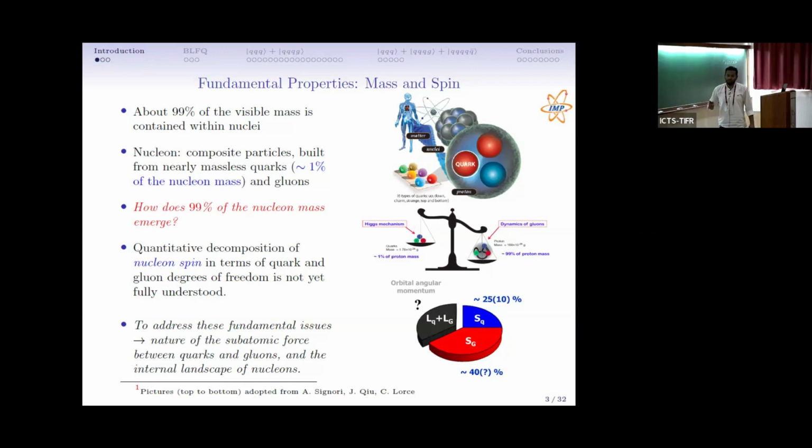Our knowledge of the quark and gluon orbital angular momentum is not fully understood. Some processes have been proposed by which gluon or quark orbital angular momentum can be measured. I'll talk about all these things.